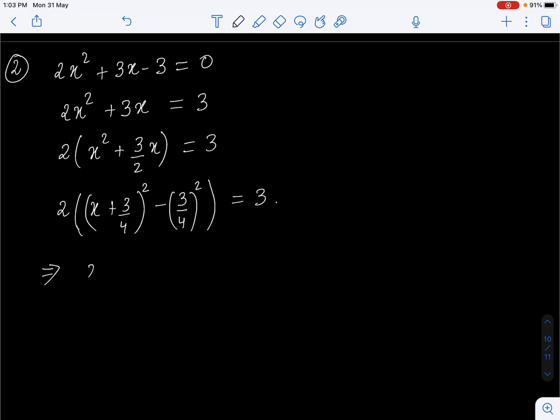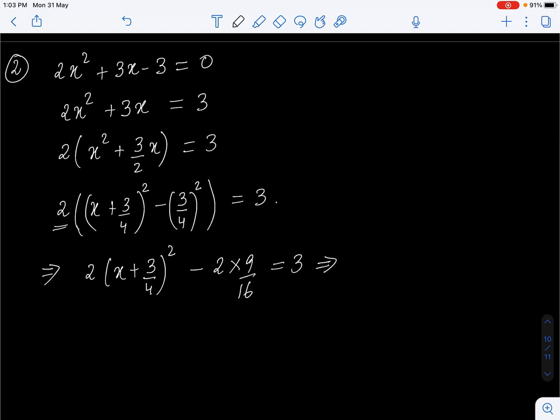So we will multiply by 2. I will get 2 times x plus 3 by 4 whole square minus, this will be 3 square by 4 square. 3 square is 9, 4 square is 16. So this will be 9 by 16. And we have this 2 also. So 2 times 9 by 16 equals 3.